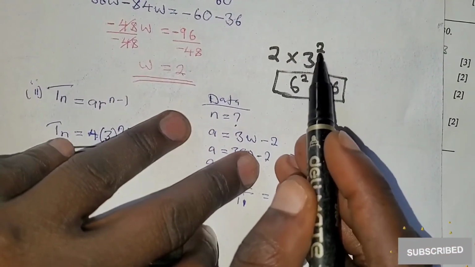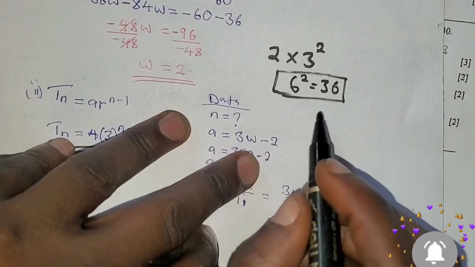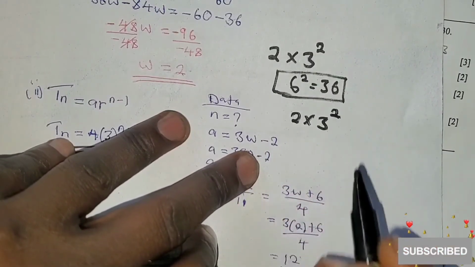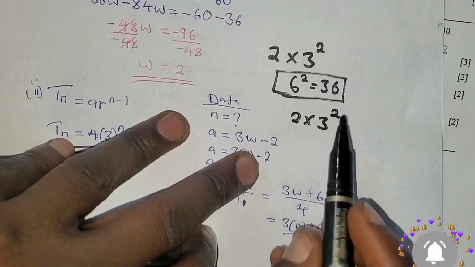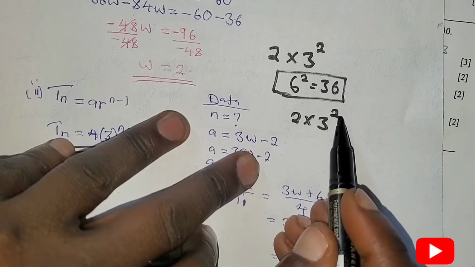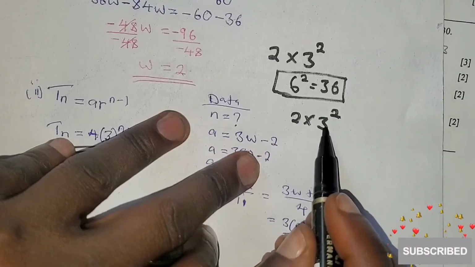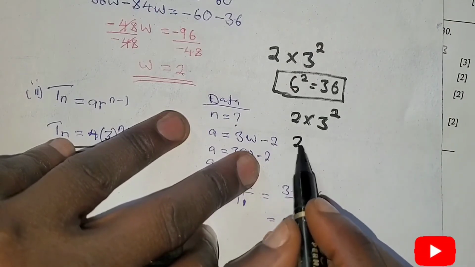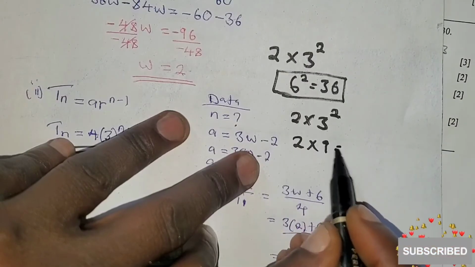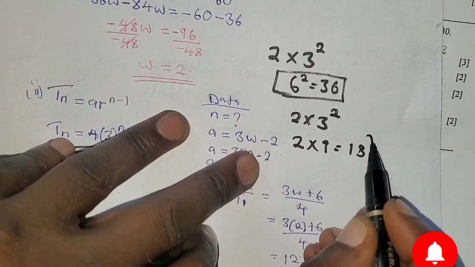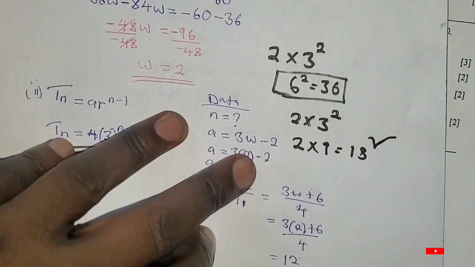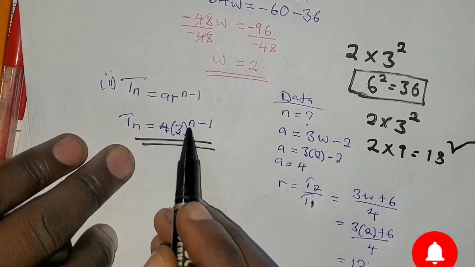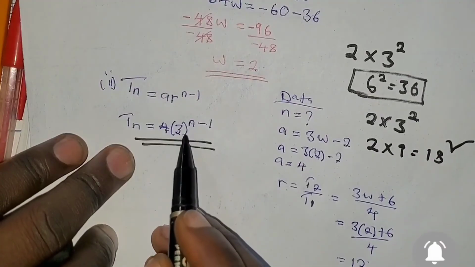Let's try first solving this, and then we multiply. 2 times 3 to the power 2. Sorry, 3 to the power 2 is 9. So it will be 2 times 9. What is 2 times 9? 18. This is the correct way of calculating. That's why here I've told you, don't multiply here, because this one is raised to the power.